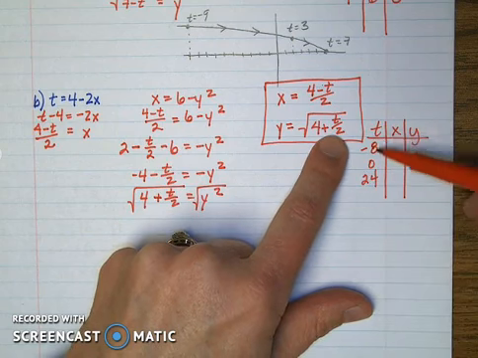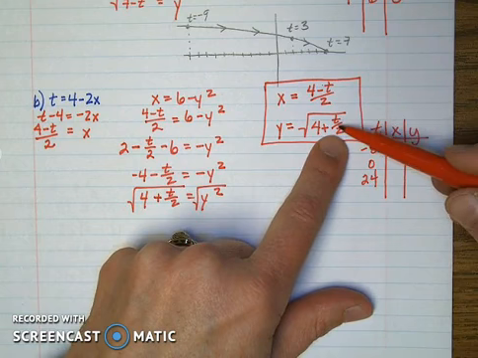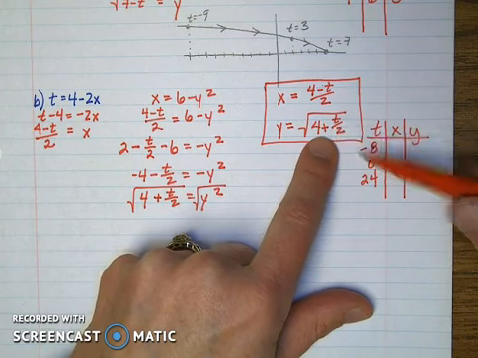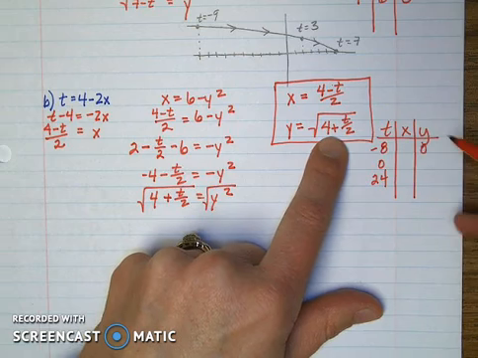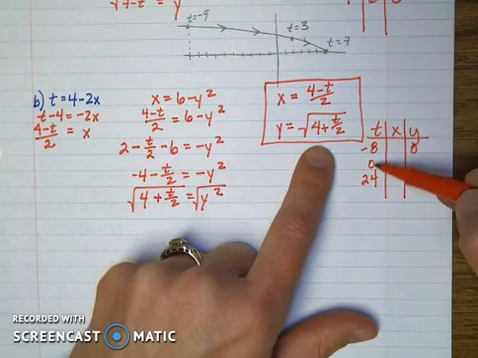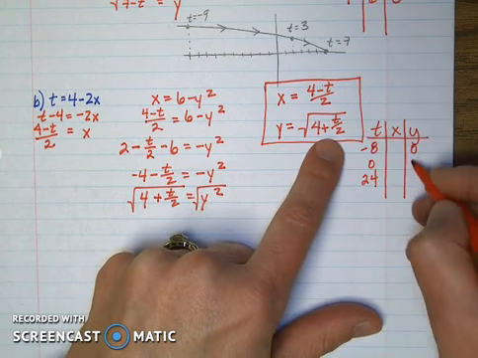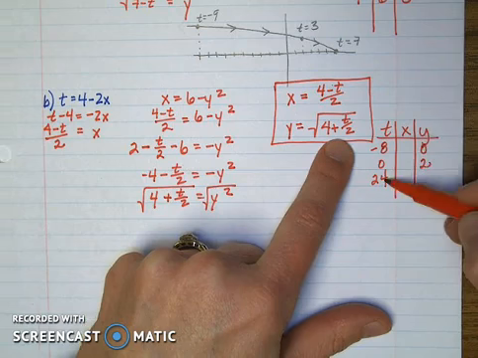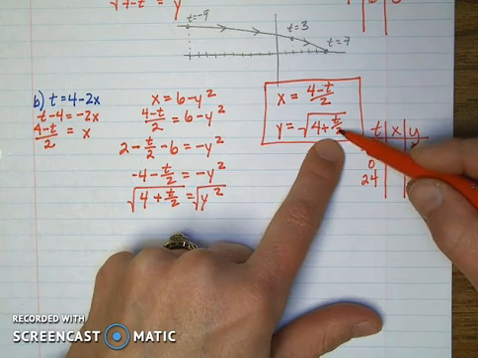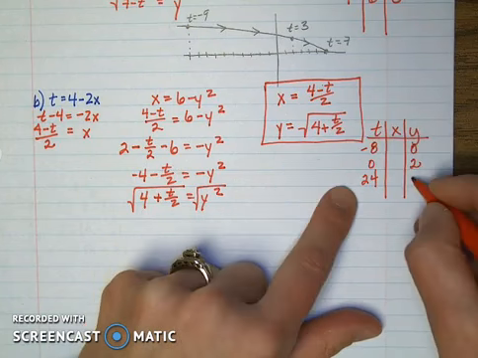If I plug in negative 8, divided by 2 is negative 4. Plus 4 is 0, so I know y is 0. If I plug in 0 over 2, that's 0, plus 4, square root of 4 is 2. If I plug in 24, 24 divided by 2 is 12. 12 plus 4 is 16. The square root is 4.